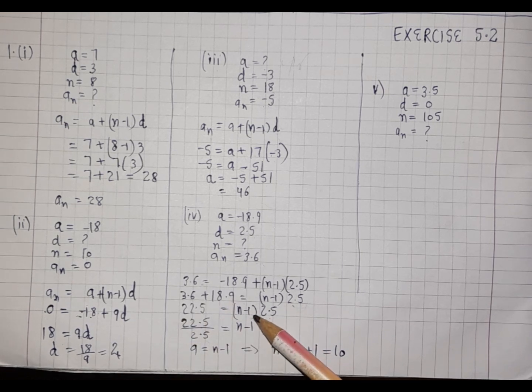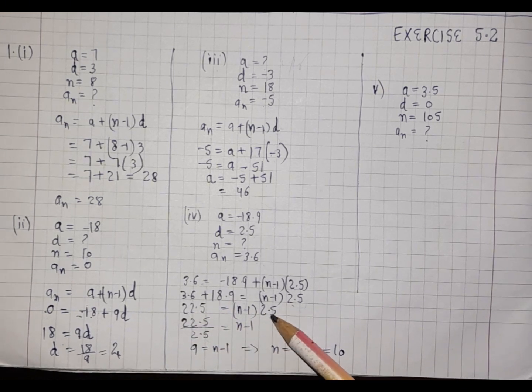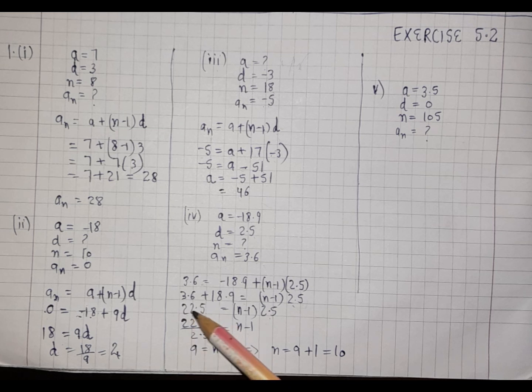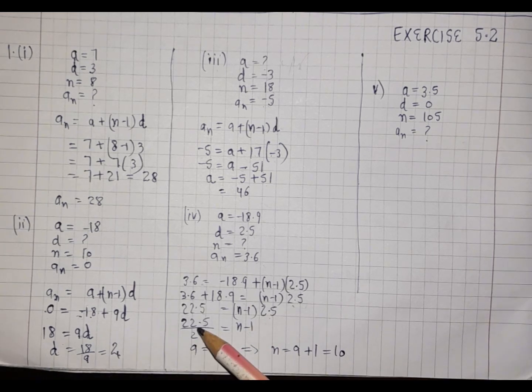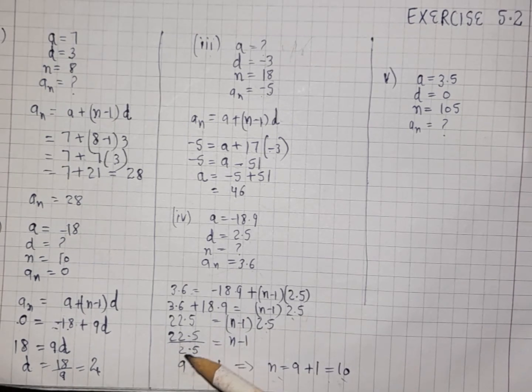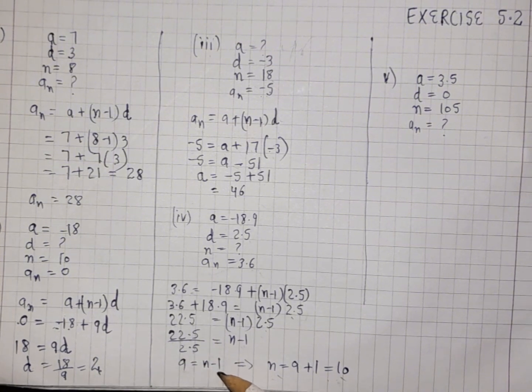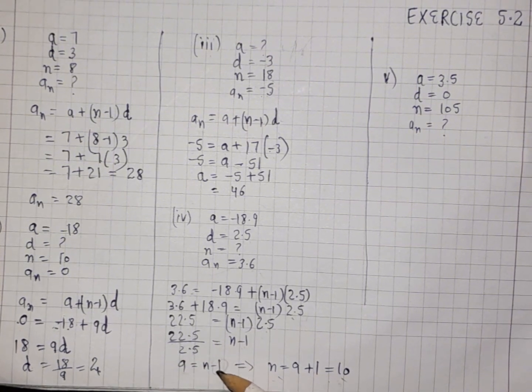Then dividing both sides by 2.5, we will have 22.5 upon 2.5 on the left hand side and on the right hand side only n minus 1. Dividing 22.5 by 2.5, we have 9 equals n minus 1, which implies that n equals 9 plus 1, that is 10. So n equals 10.